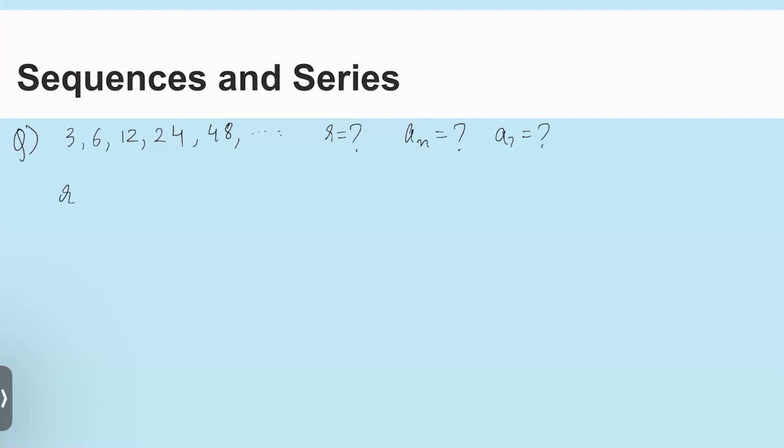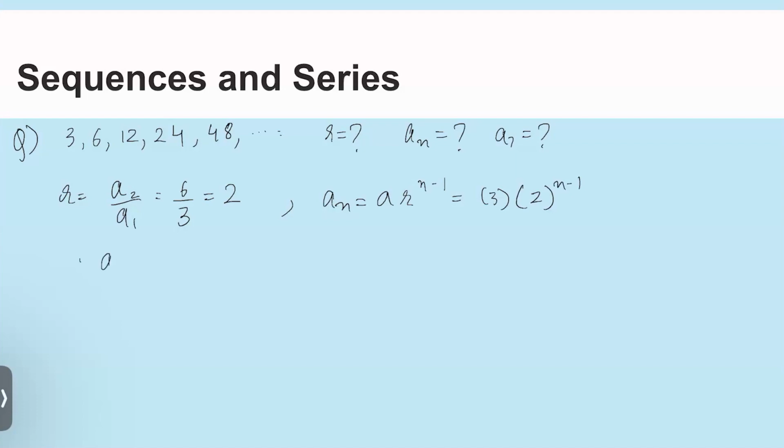So our r would be a2 by a1. That is 6 by 3, it's 2. And therefore our an would be a r raised to n minus 1. So a is 3, 3 into our r which is 2, raised to n minus 1.